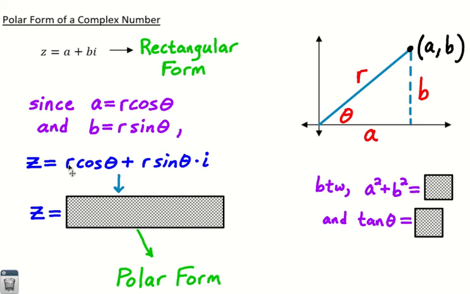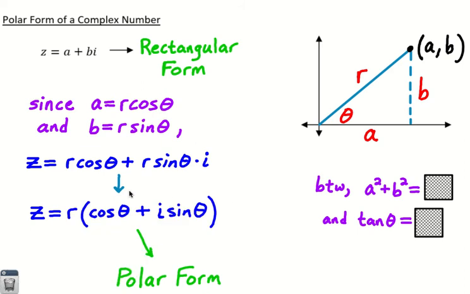But before we give what the final polar form is, we're going to factor out an R. You see how both of these have an R? We're going to factor out an R, and this is what we're going to be going with.